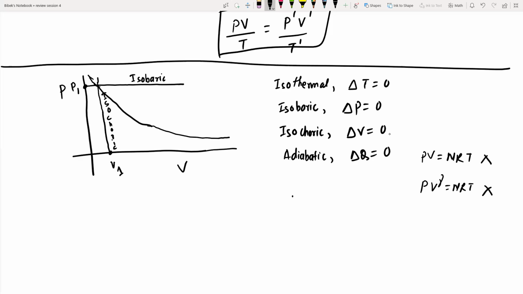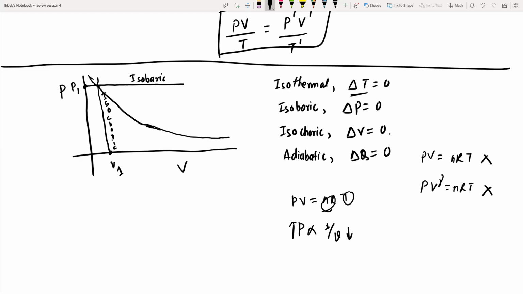That's because for isothermal, PV equals nRT, where n and R are constant, and the temperature is constant, so the right side is also constant. Your pressure will be inversely proportional to volume. As you increase the pressure, your volume has to go down, and this nature can be seen in your graph.